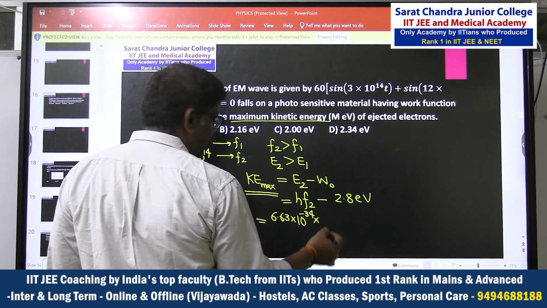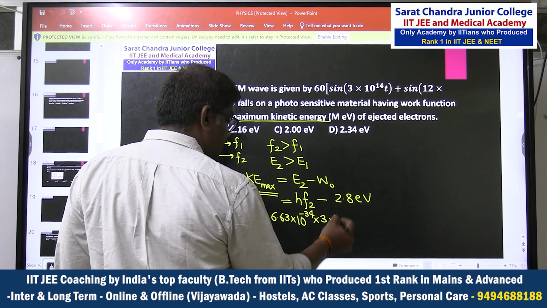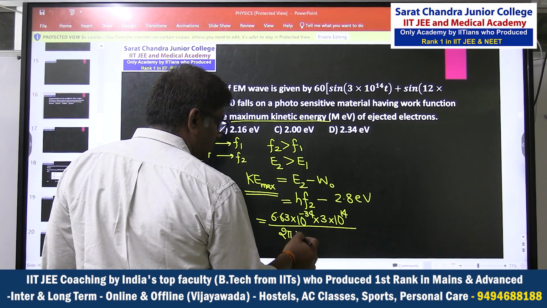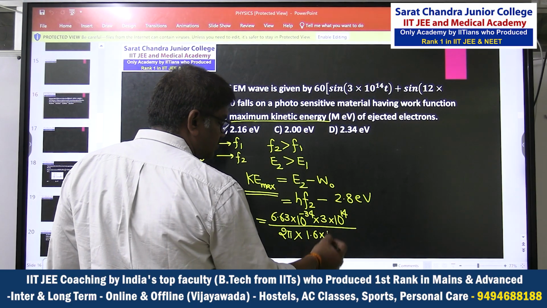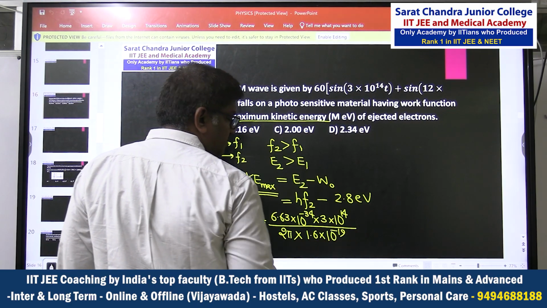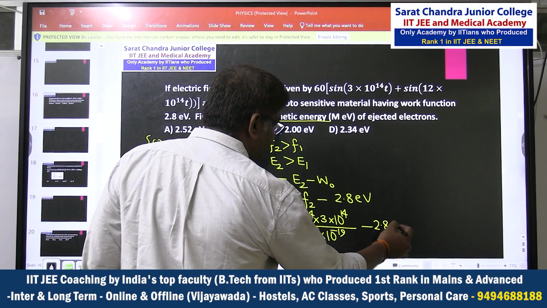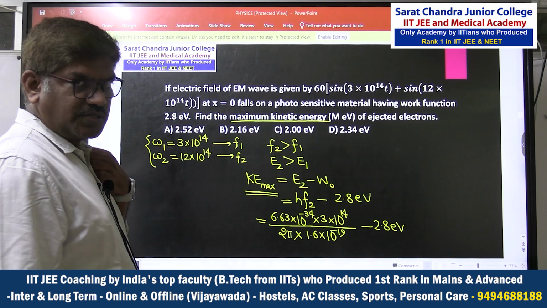This F is omega by 2 pi, so it is 12 into 10 to the power 14 divided by 2 pi. But I need it in eV, so I have to divide it by e also, 1.6 into 10 to the power minus 19, minus 2.8 eV. So this is how you do the calculation for this question.